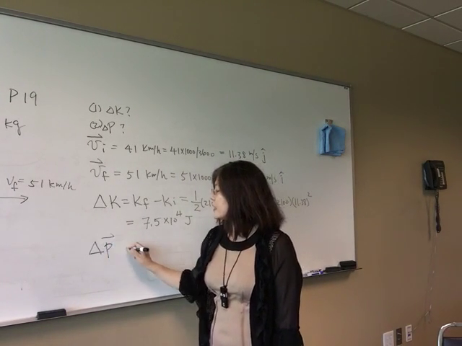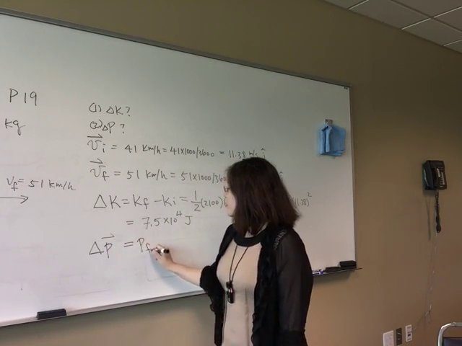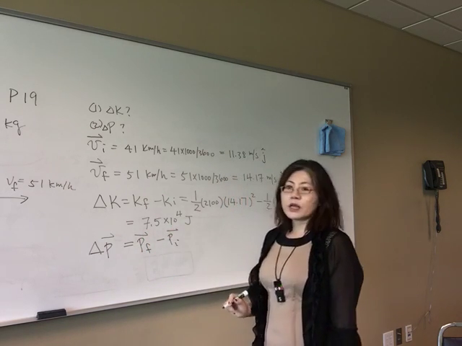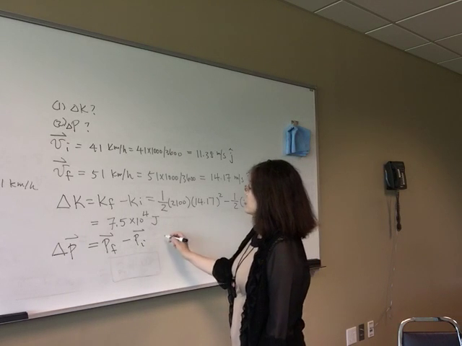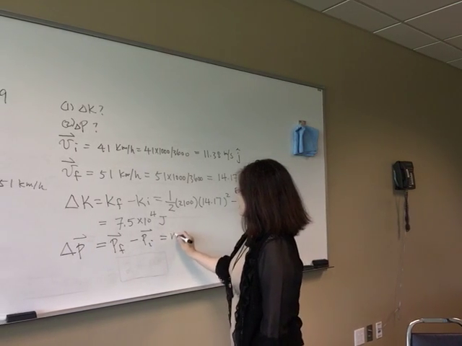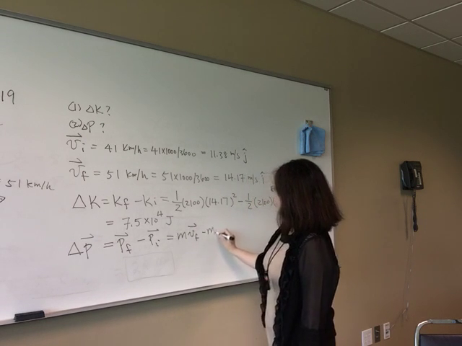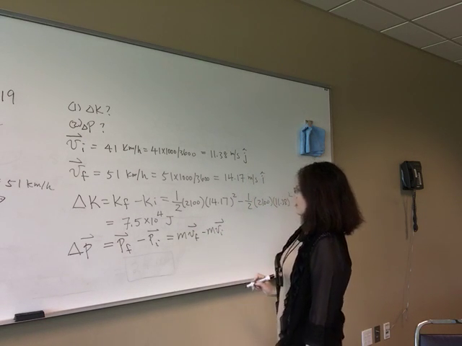So your delta P is basically the final linear momentum vector minus the initial linear momentum vector, which is MVF minus MVI, in vector form.